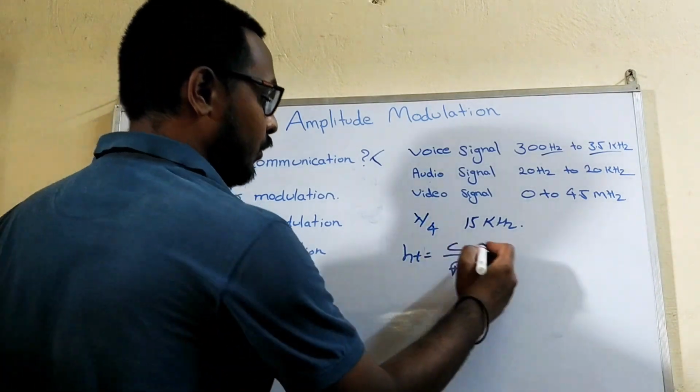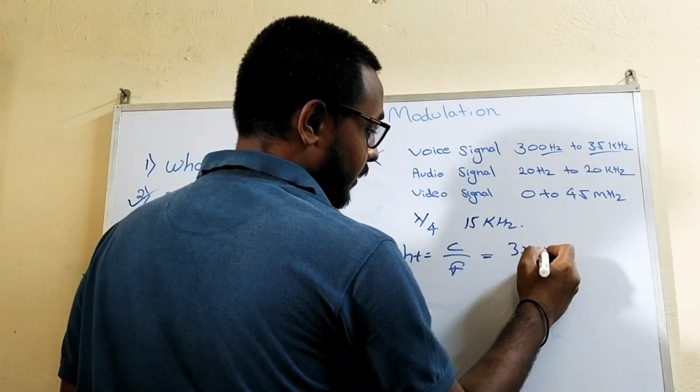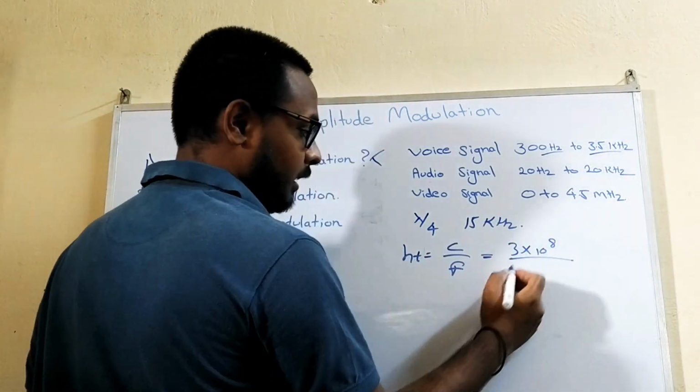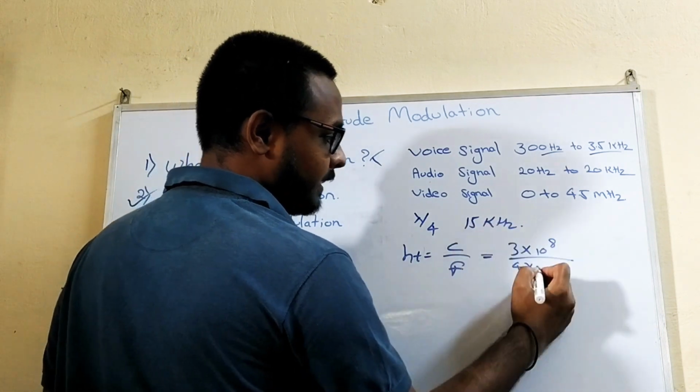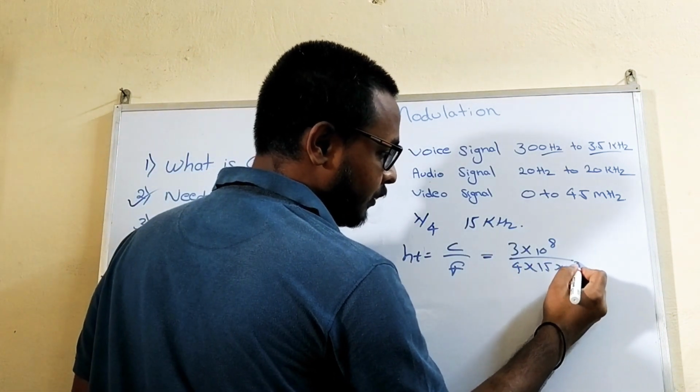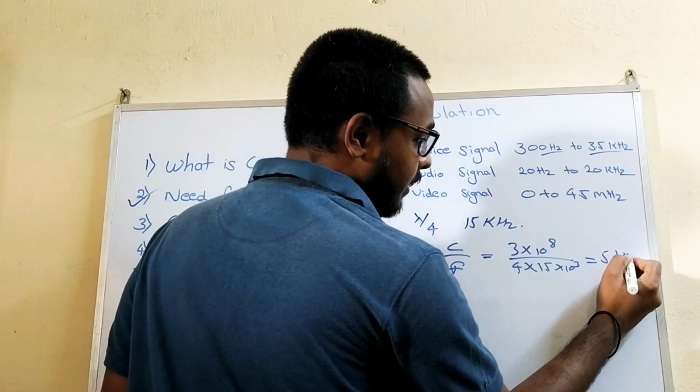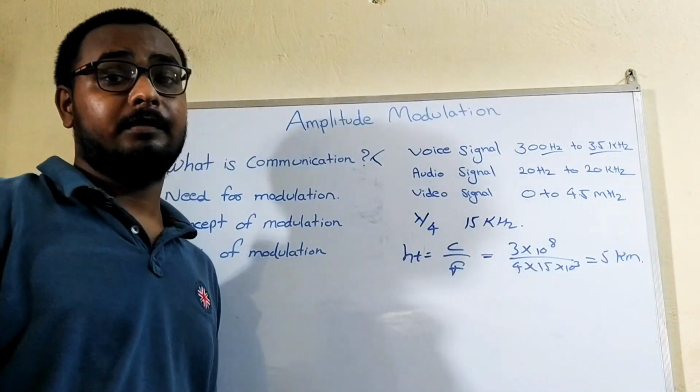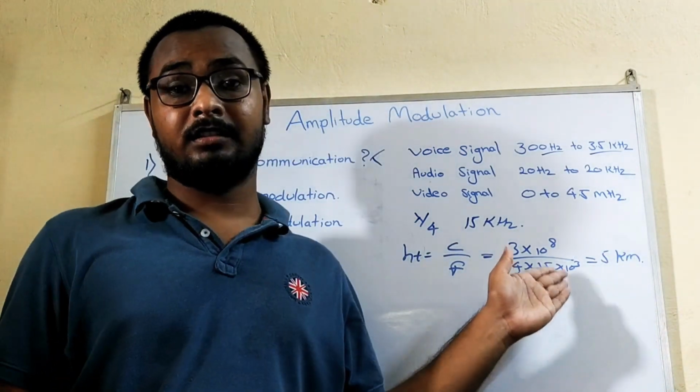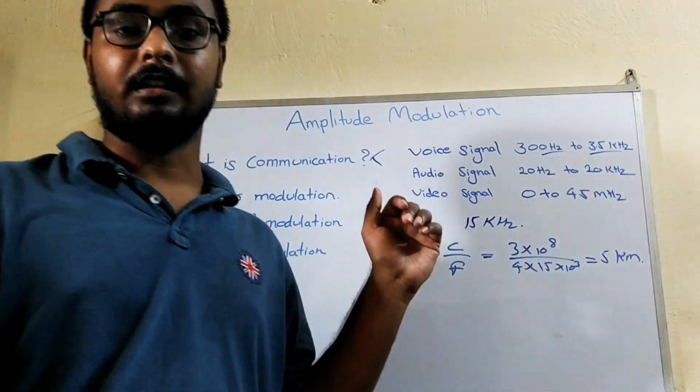So lambda by 4 is 3 into 10 to the power 8 divided by 4 into 15 into 10 to the power 3, approximately 5 km, which is impossible to install as an antenna height.